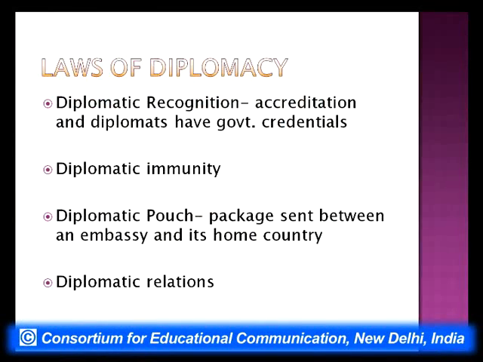So, it is customary for any country to recognize the diplomats of other countries and to extend them certain privileges, certain immunities, certain advantages. Second is diplomatic immunity. Every diplomat has certain immunity, that is, he is protected against certain rules and norms of behavior. This is called diplomatic immunity.